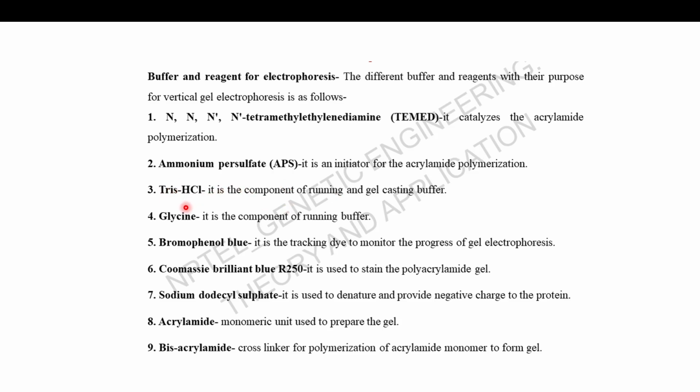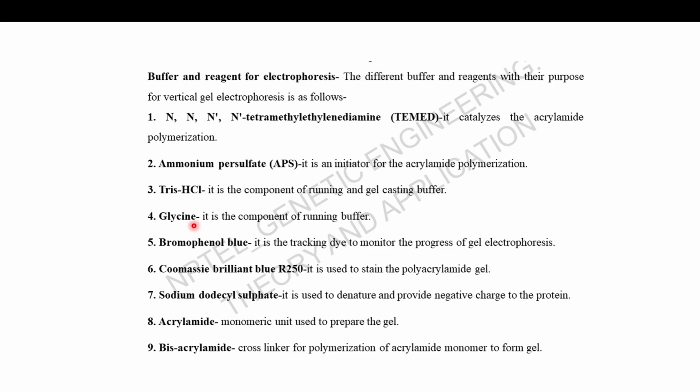Okay, so overall in SDS-PAGE electrophoresis, we have three buffers. One is the running buffer, which is usually Tris-glycine-SDS buffer or TGS buffer, and you have the stacking buffer with pH 6.8 and the resolving buffer with pH 8.8.